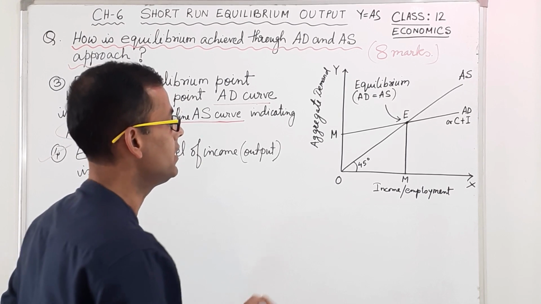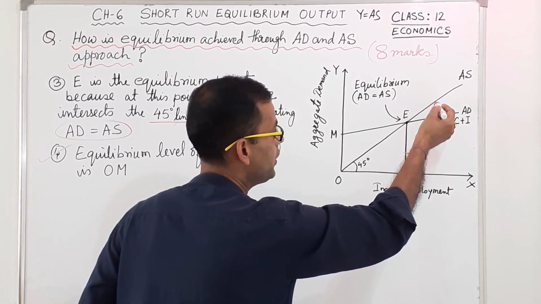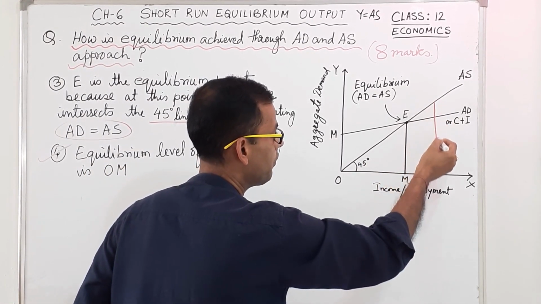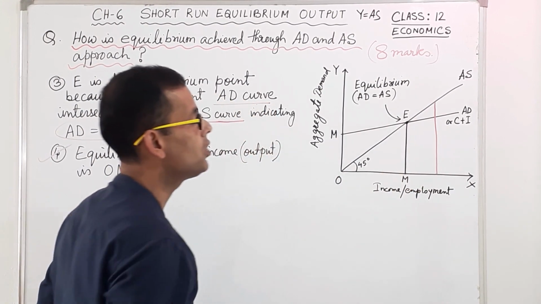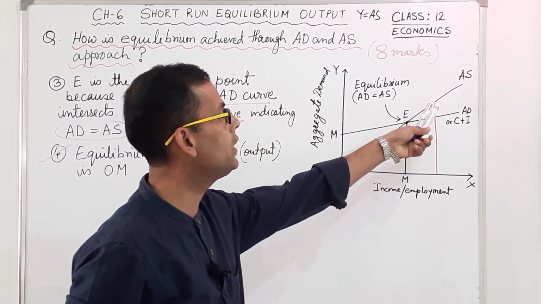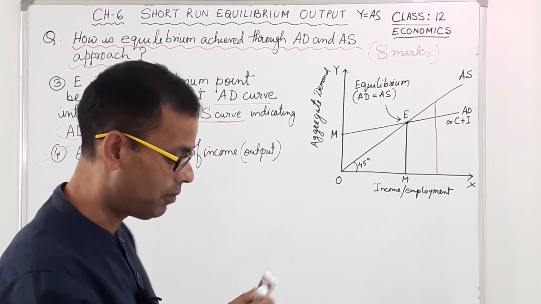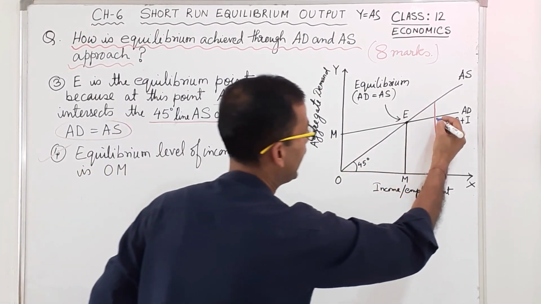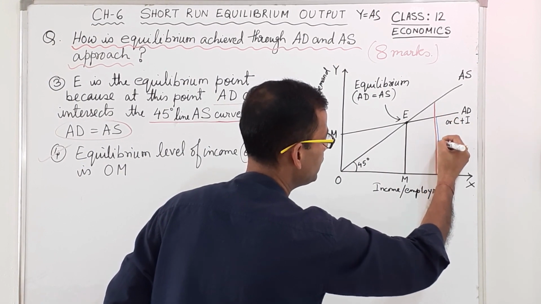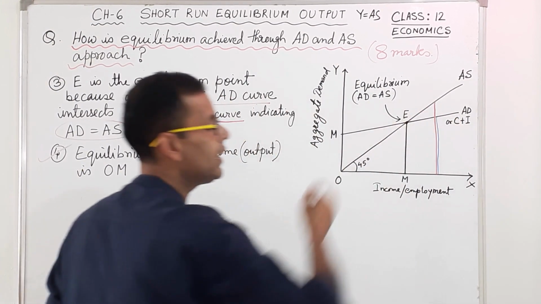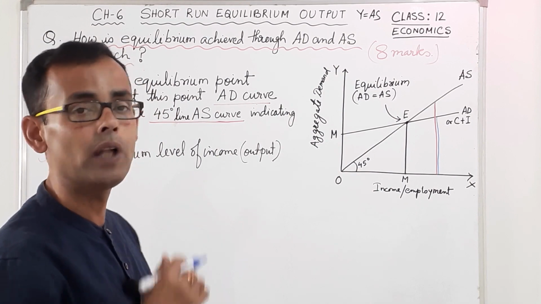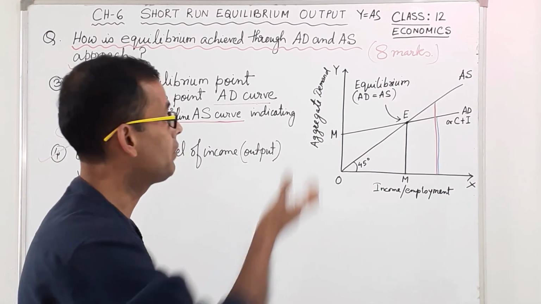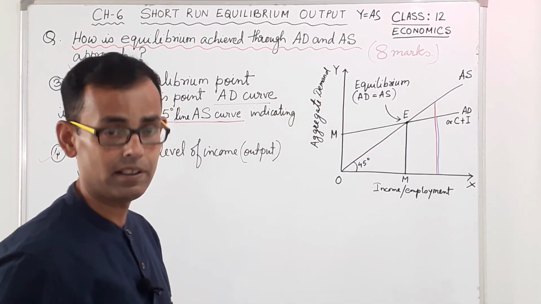See, understand nicely. Suppose I draw one line here. This line is touching aggregate supply. I have dropped this line from aggregate supply. But aggregate demand is from here to here. So is the red line bigger or the blue line bigger? The red line, so supply is more, demand is less.